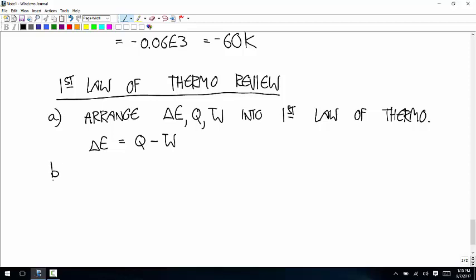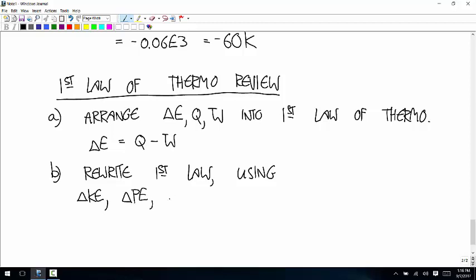So now, with that equation, rewrite the first law of thermo so that now you're using the change in kinetic energy, change in potential energy, and the change in internal energy. These are all changes in properties, all types of energy of the body. So we'll replace the change in energy with these.